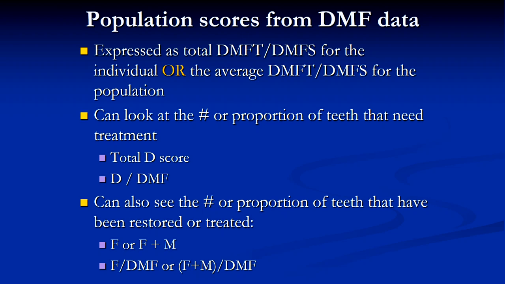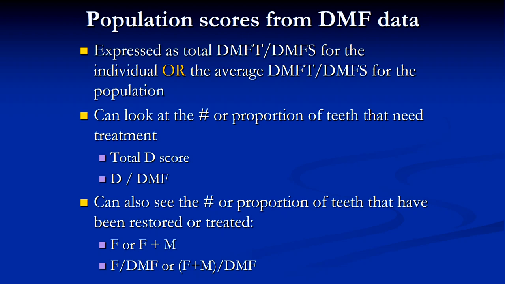So we can look at the DMFT or the DMFS in terms of the individual, like what we do in the clinic when we're doing the caries risk assessment, or we can do an average DMFT or a DMFS for the total population. Some other ways that we can report our DMF data is that we can obviously do the counts.